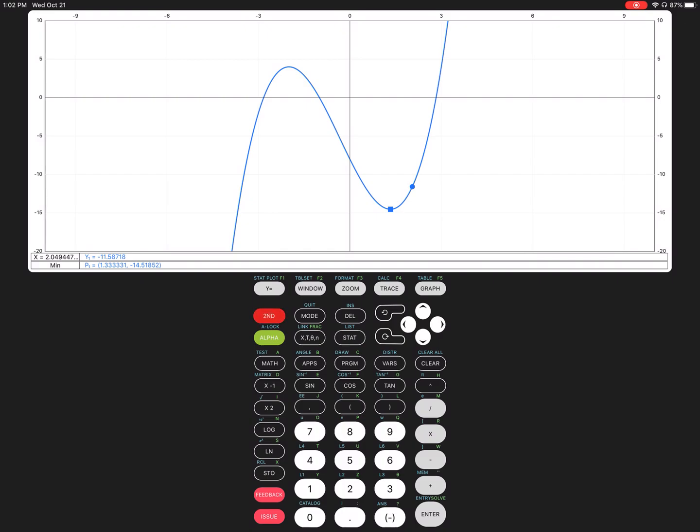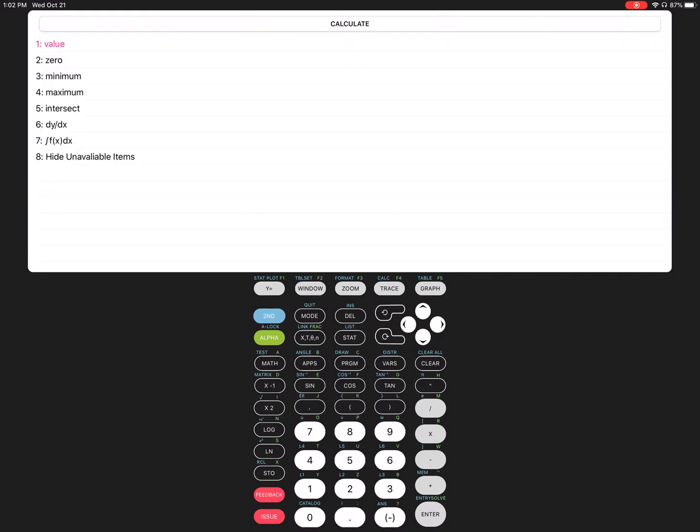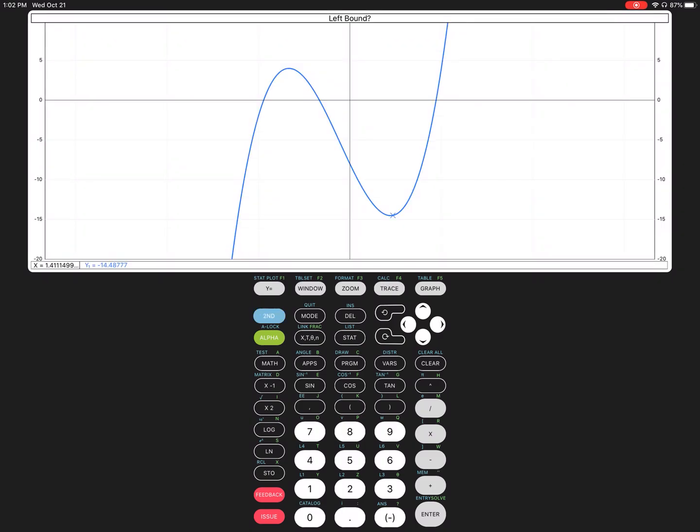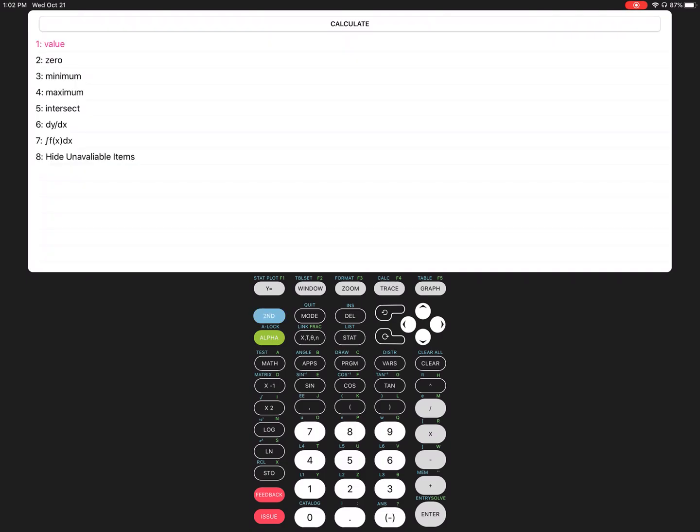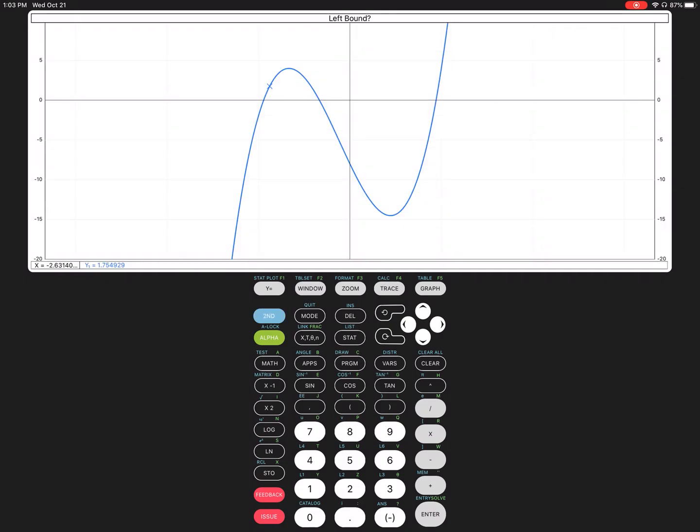Let's find the max and write that down on your notes. Okay. Enter, right bound, enter. Oops. Okay. So I accidentally hit the wrong button. So second trace, maximum, right bound.